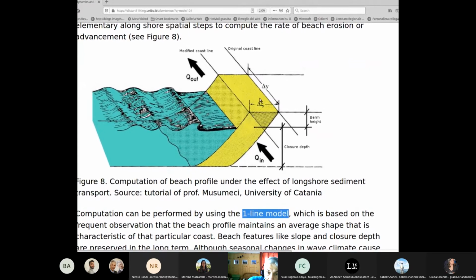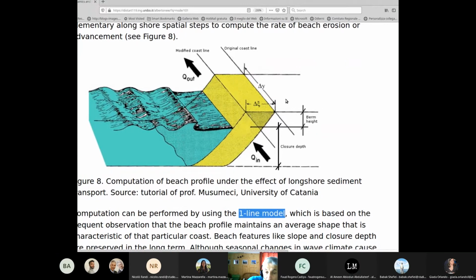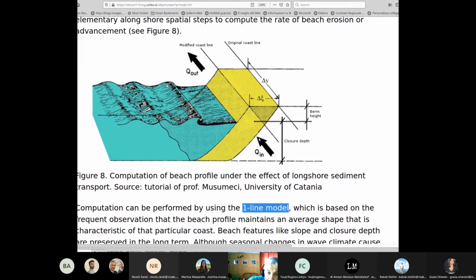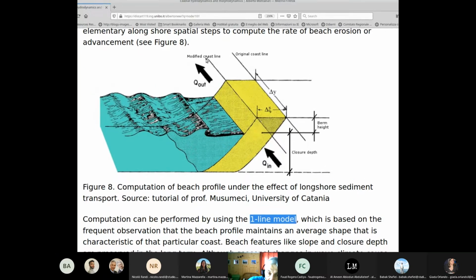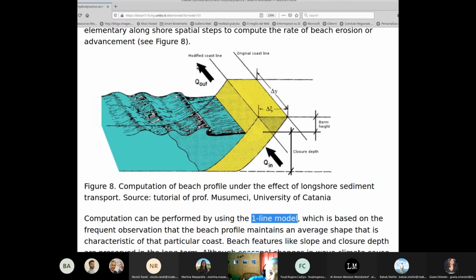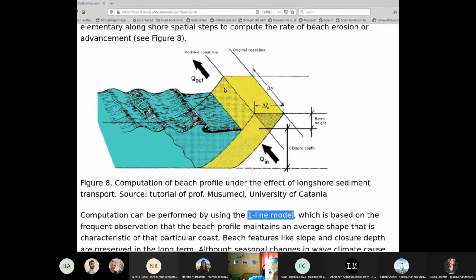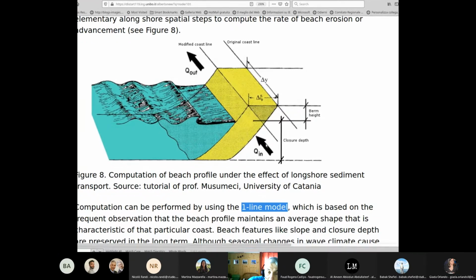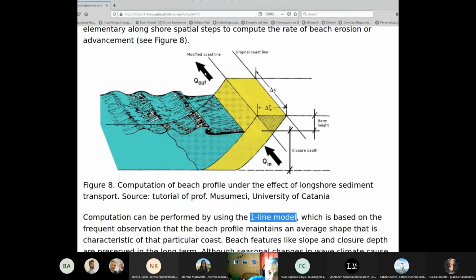And how to compute delta Xi with the knowledge of the volumetric transport rate? Because if you have a Q entering into this yellow volume, which is the result of the application of the Csc formula, and then you get to the next step, in the next step you apply again the Csc formula, and then you get another estimate of Q, which is the Q that goes out from this yellow volume. And therefore, you compute the difference. If Q in is greater than Q out, you have accretion.